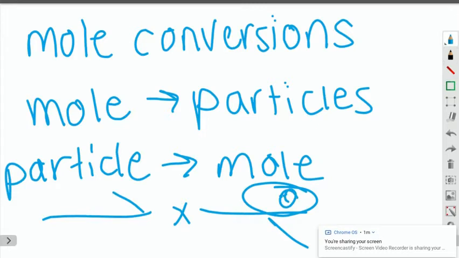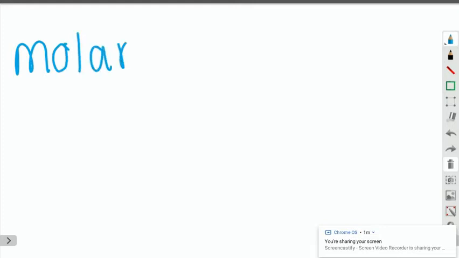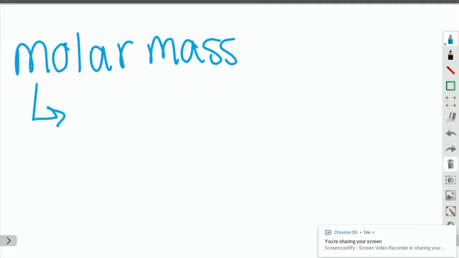So today we're going to continue with something we just started this unit with. We started this unit with molar mass. We started this chapter with this because we will use it to do conversions with molar mass. Molar mass is really just the sum of all the masses of the compound or the molecule.